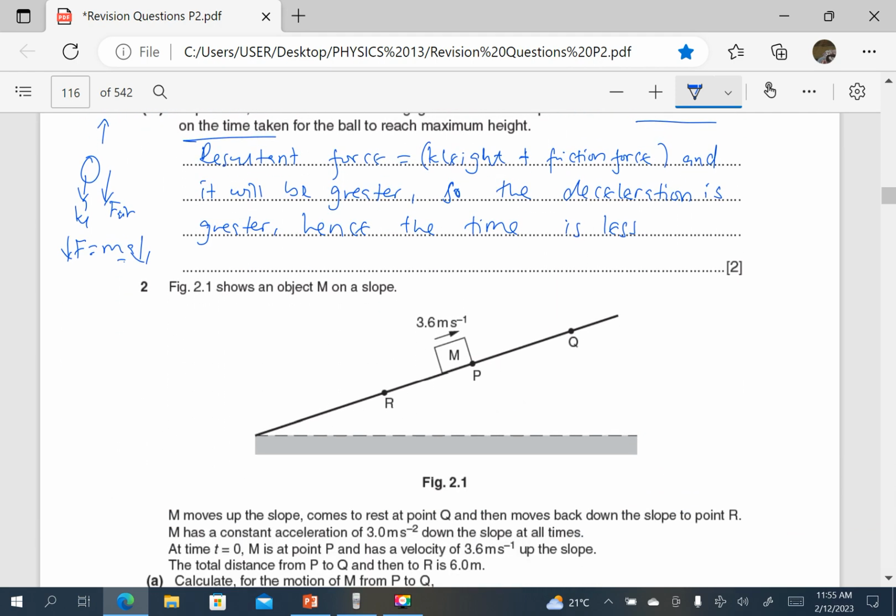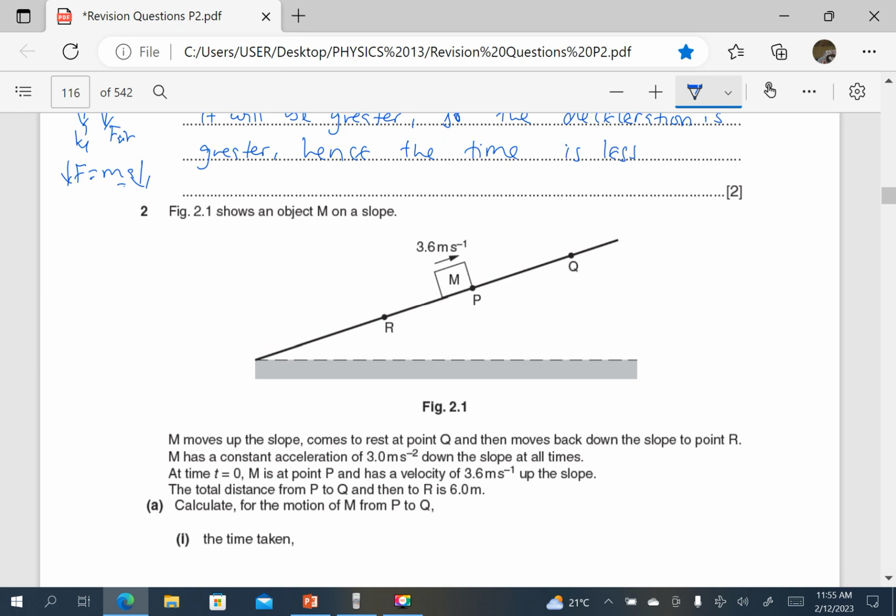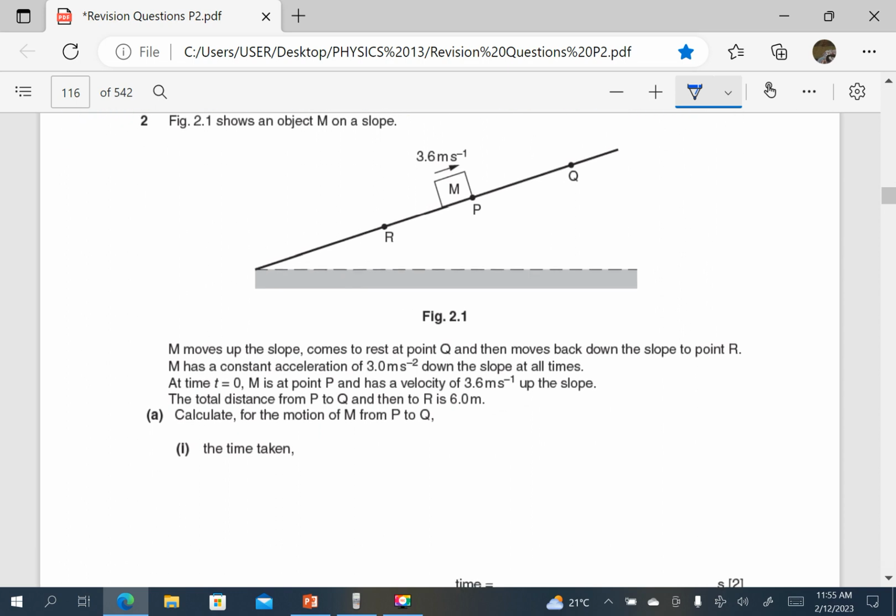Okay. Figure 2.1 shows an object M on the slope. M moves up the slope, comes to rest at point Q, and then moves back down the slope to point R. M has a constant acceleration of 3 meters per second squared down the slope at all times. Whether it is going upwards or downwards, it has a constant acceleration down the slope.